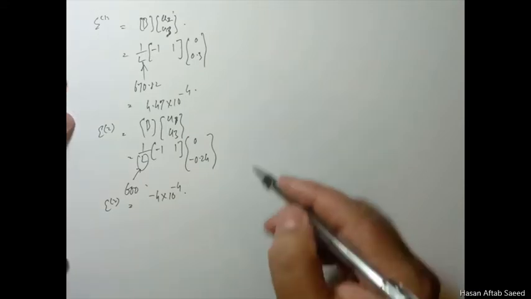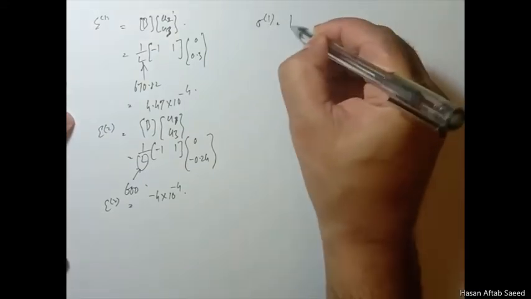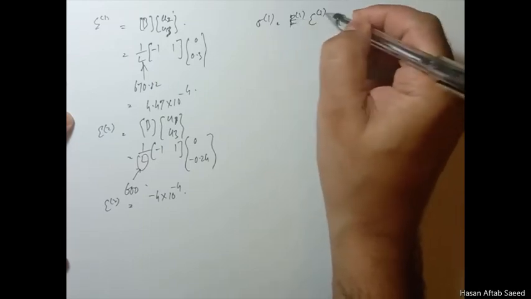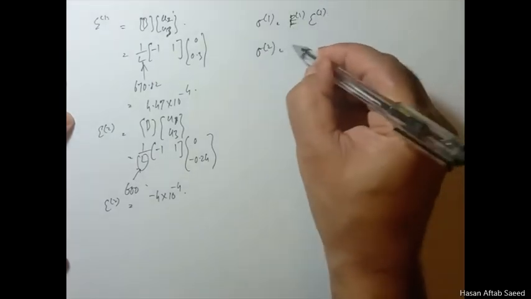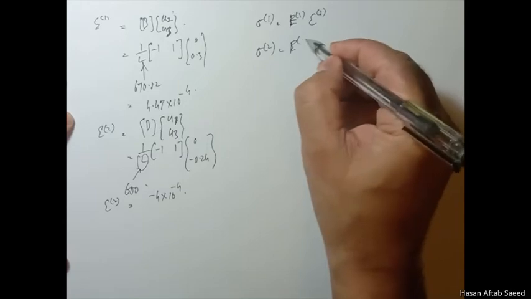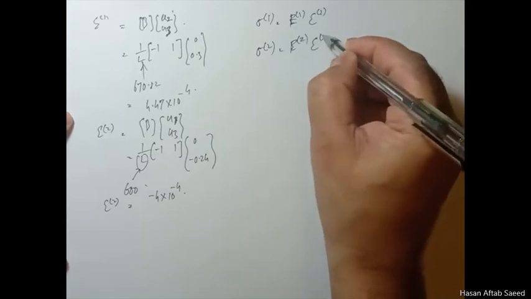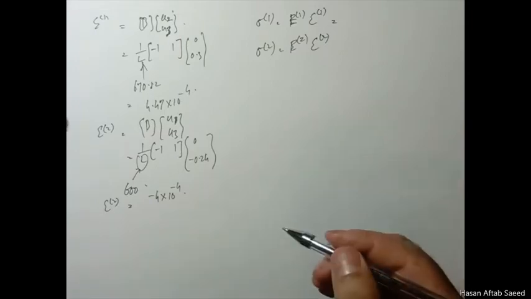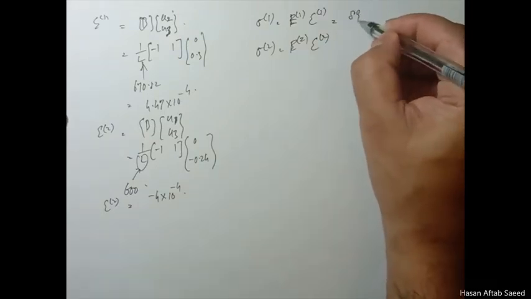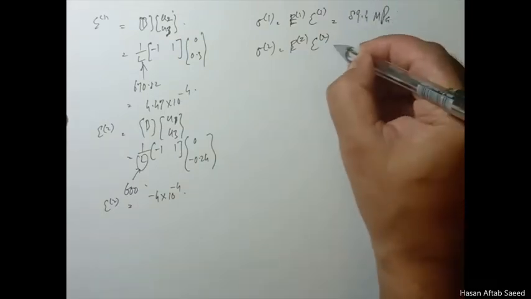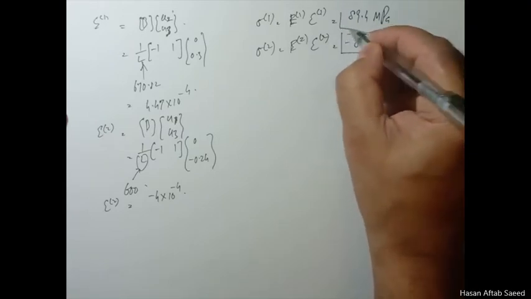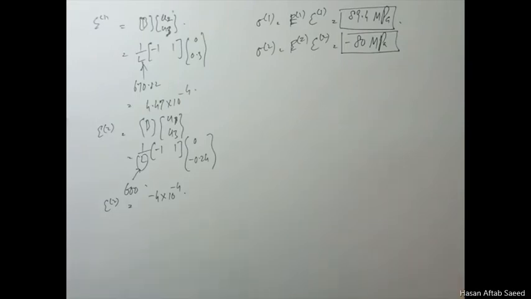Sigma 1 is simply epsilon 1 times Young's modulus, and sigma 2 similarly. The stiffness is the same for both, so it is 200 GPa, and if you use that you get these final values.